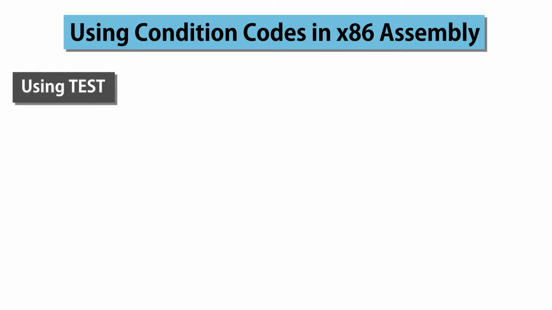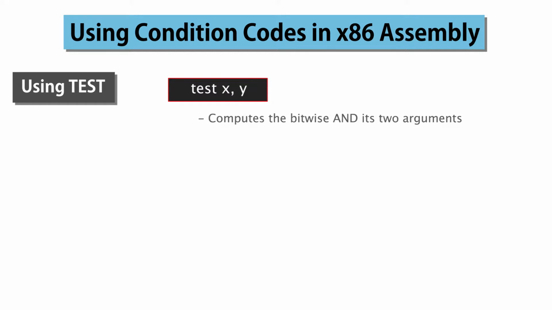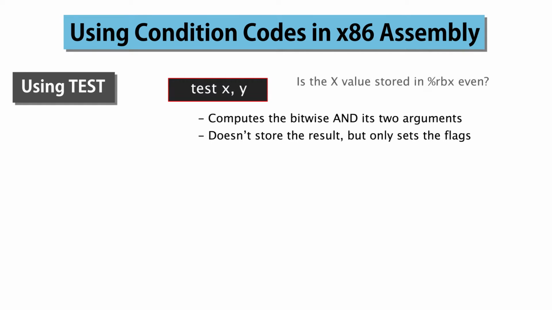Finally, let's consider the x86 test statement. Test x,y computes the bitwise AND of its two arguments. Like CMP, it doesn't store the result, but only sets the flags. For example, suppose we wish to see whether the value x stored in register RBX is even. This will be true only if the least significant bit of x is 0.